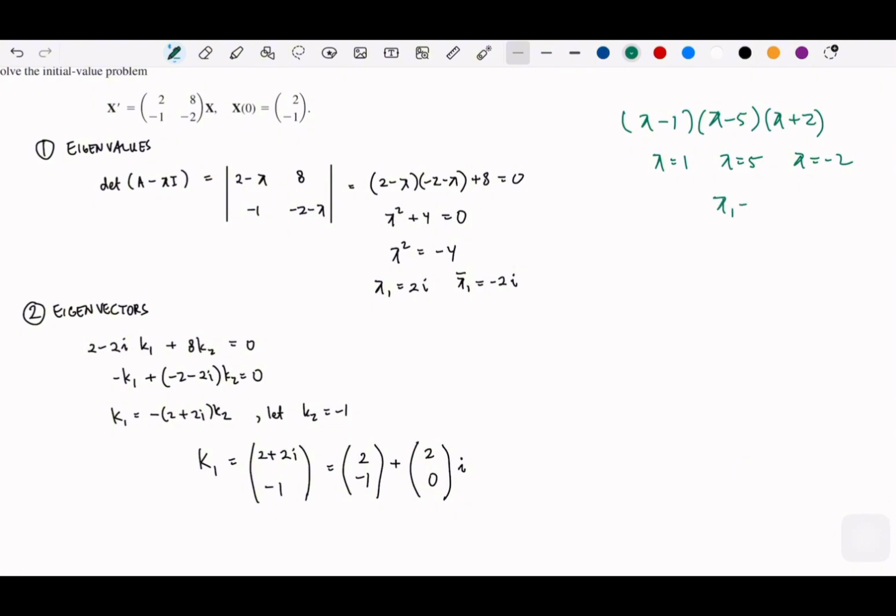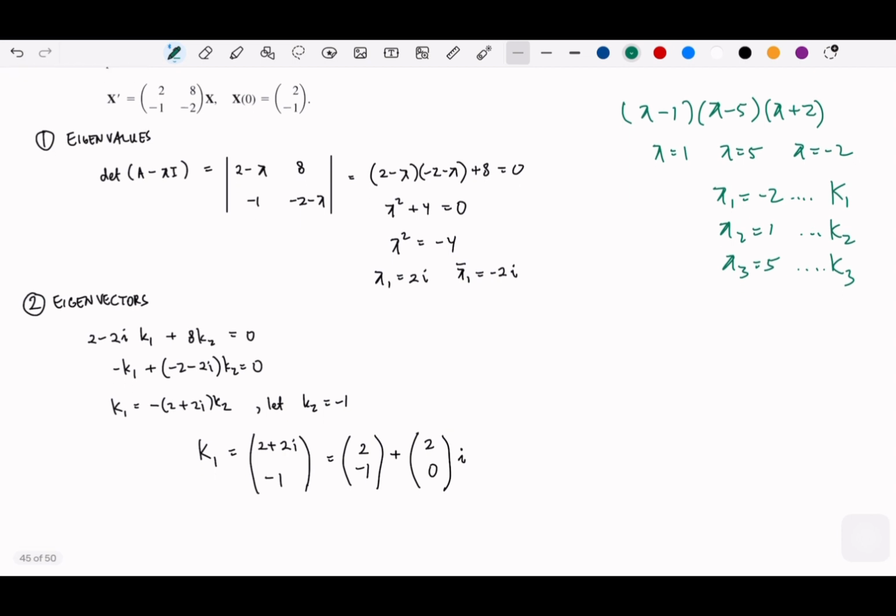So lambda 1 will be -2, lambda 2 is 1, lambda 3 is 5. This is to help you rearrange more clearly and concisely, and make sure that all the numbers are confirmed at the end. By doing this, if there are eigenvectors, then you will have eigenvector 1, k2, and eigenvector 3. This is just my suggestion to help in the computation and to avoid some repeated mistakes that might happen.